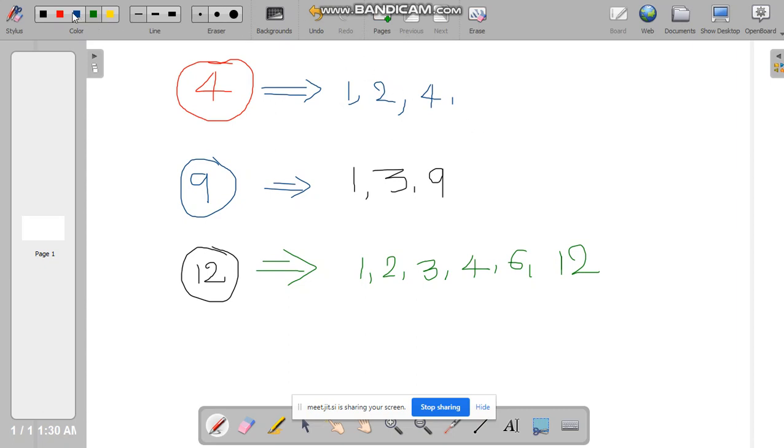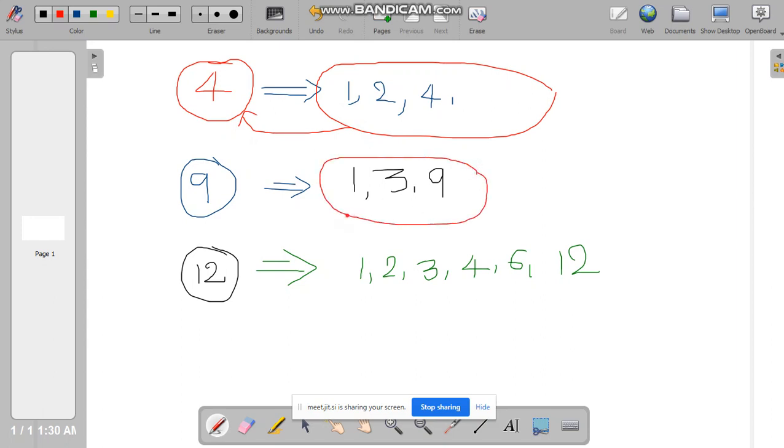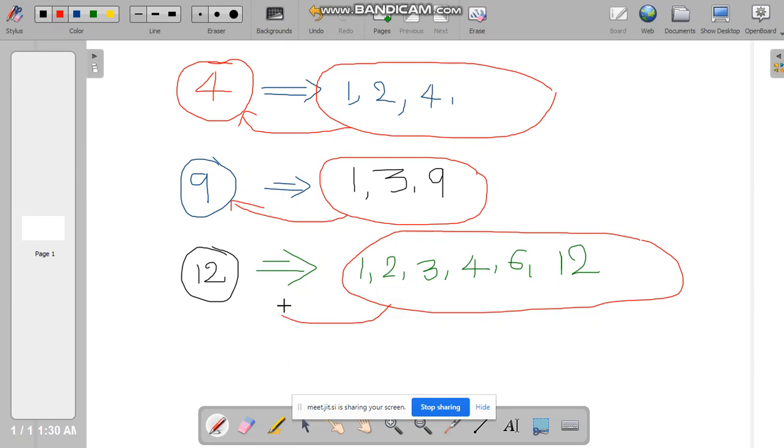Now these are all called factors. These 1, 2, 4 are called factors of 4. 1, 3, 9 are called factors of 9. This 1, 2, 3, 4, 6, 12 are called factors of 12.